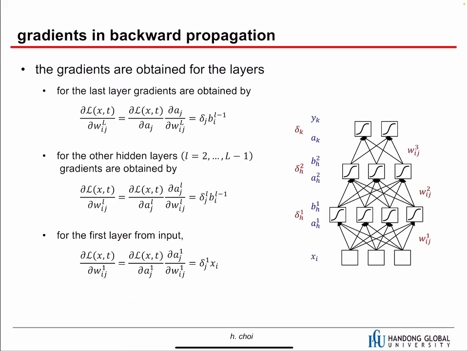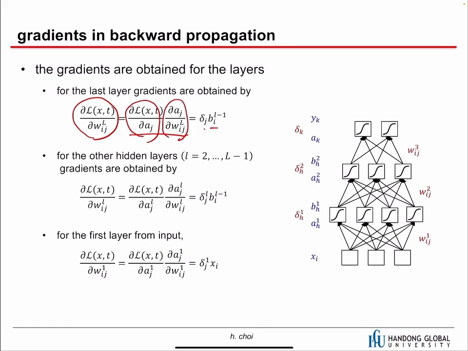Okay, so we have everything we need. Gradients are obtained for the layers. For the last layer, we need this one, and this one can be rewritten by these two terms: this one is delta j and this one is b sub i.